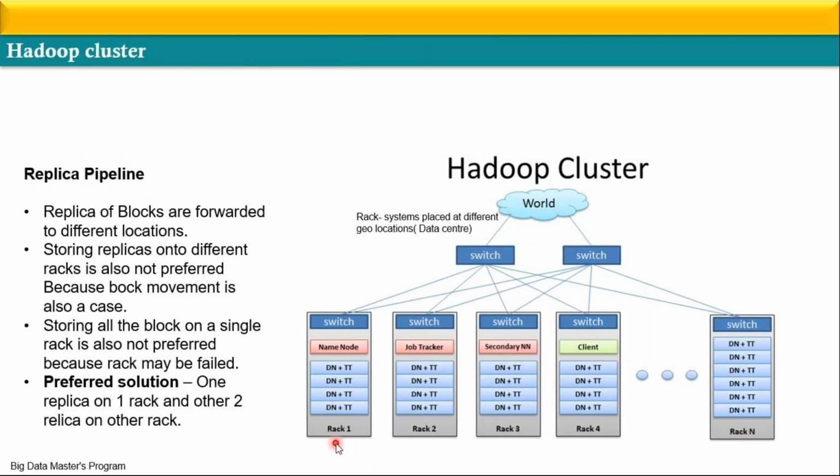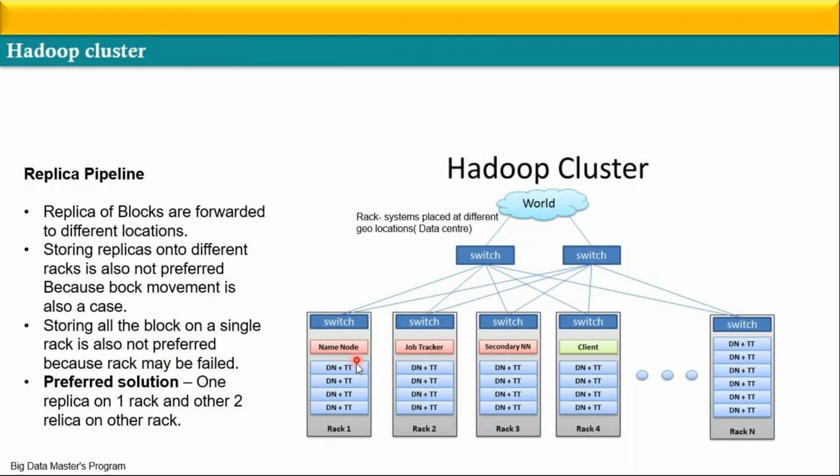So which rack address will be shared by the master node to the client? Rack 1, rack 2, rack 3, rack 4, or rack 5? And these racks might be geographically apart, like one rack is in, say, London, another rack is in Australia, the third rack is in Mumbai, the fourth rack is in Bangalore. It might be possible.